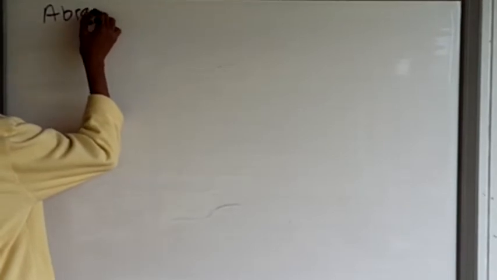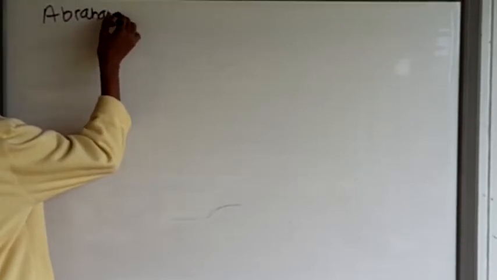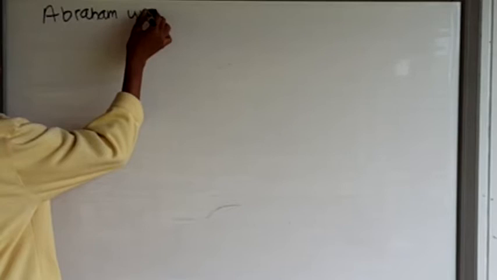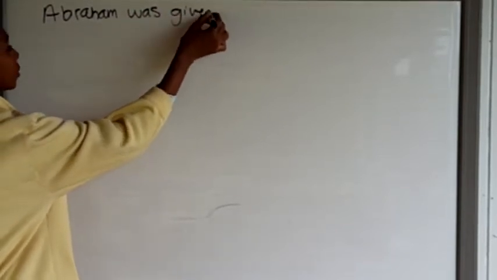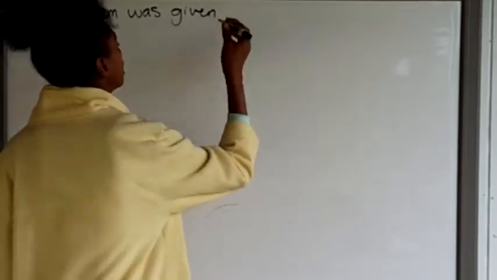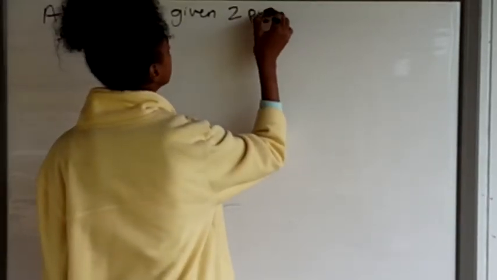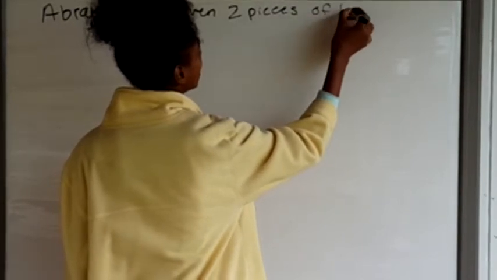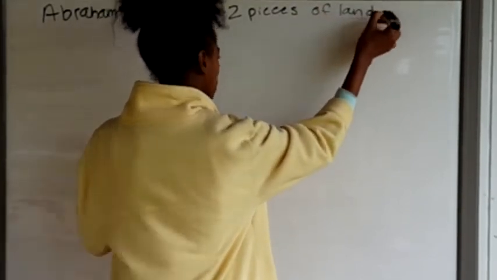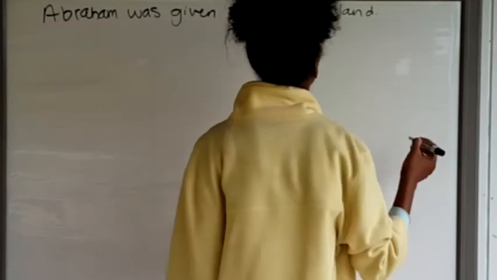Abraham took Lot with him. Was given 2 pieces of land.